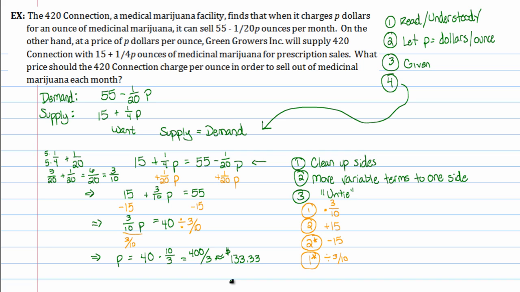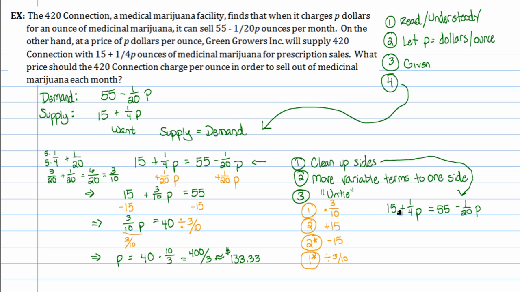Now, I did say that I would show you another way to solve this, a way that I prefer, actually. If somebody gives me an equation that looks like 15 plus 1/4 p equals 55 minus 1/20th p, generally after I've cleaned up sides, once I get that step done, I tend to look at this and go, oh, this has just a bunch of stuff I don't like.